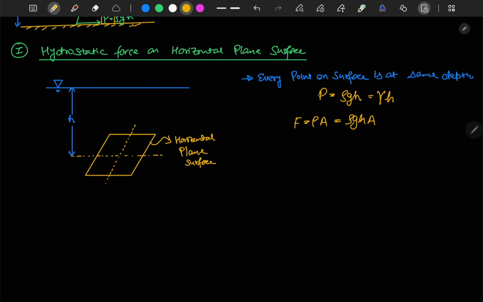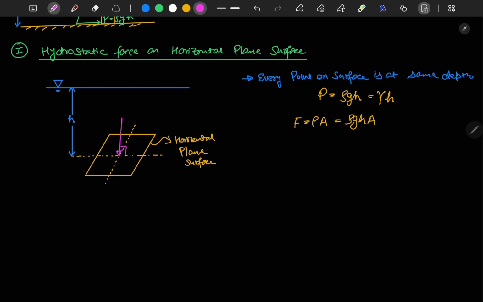The pressure on this plate acts in the downward direction, so the direction of the force will also be vertically downward, and normal to the plane.